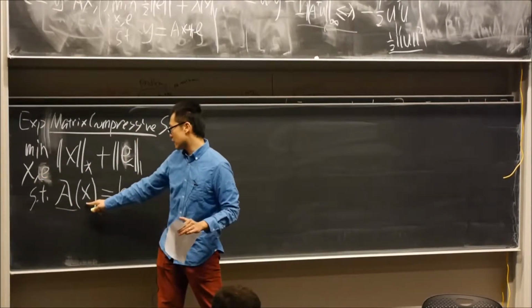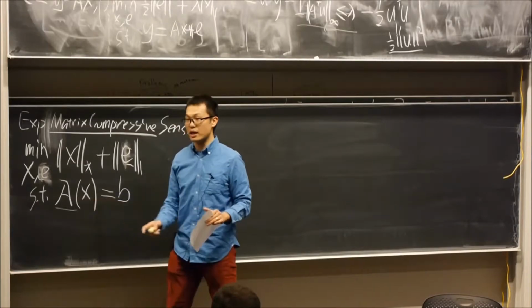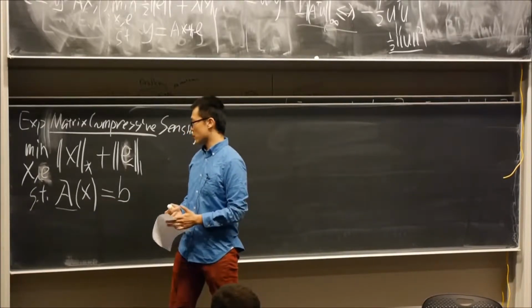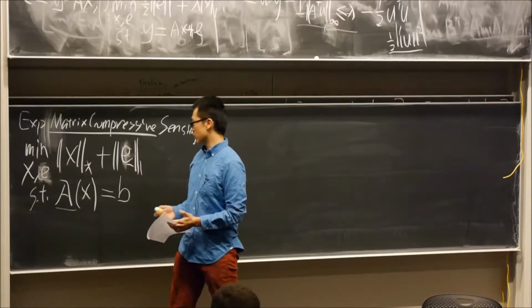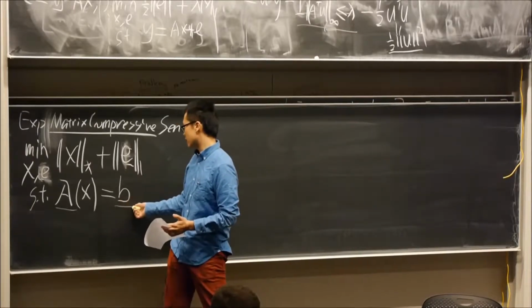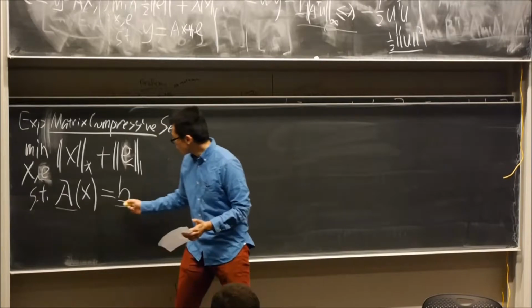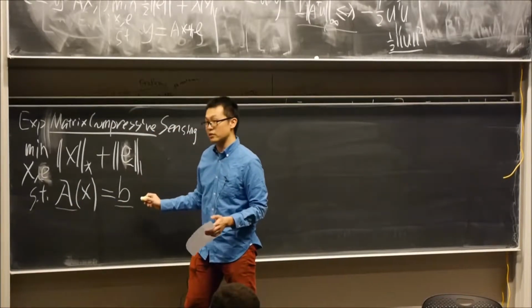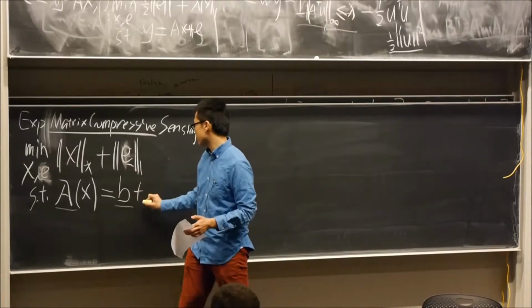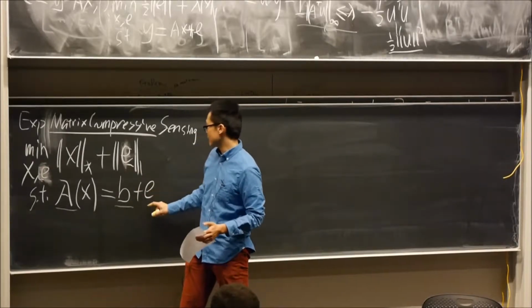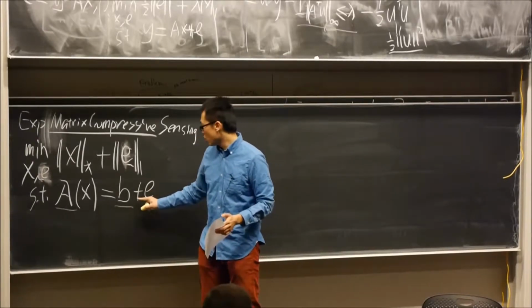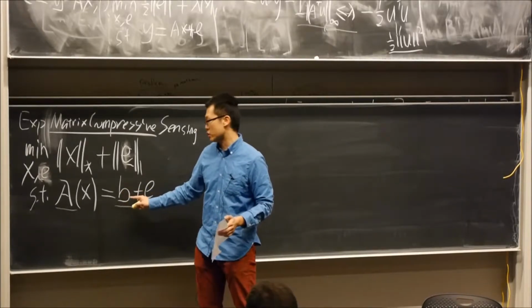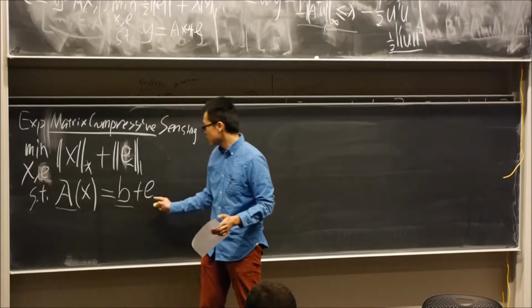Say if X is n by n, it has n squared entries. But we don't want to store them all. We only need to store a compressed copy of that. And we also assume that this part is corrupted somehow by some external forces, E. So our observation B is a corrupted version of the original mapping AX.